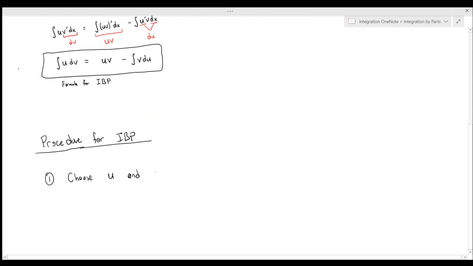And then whatever you choose for u, everything else in your integral will be dv. Once you decide on what your u should be and what your dv will be, you'll need to compute du by differentiating u, and then you'll need to compute v by integrating your dv, okay?